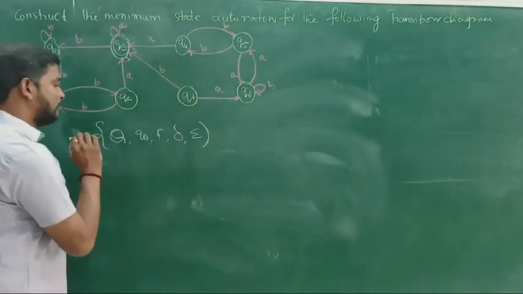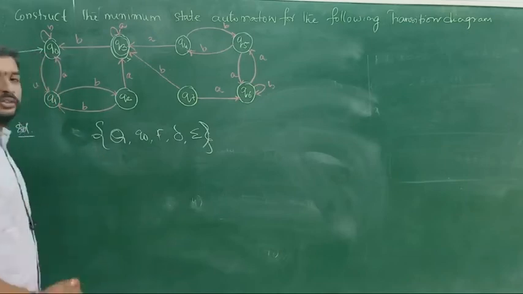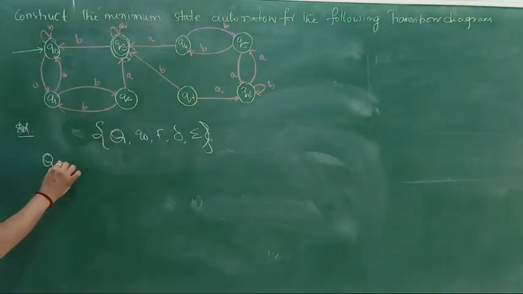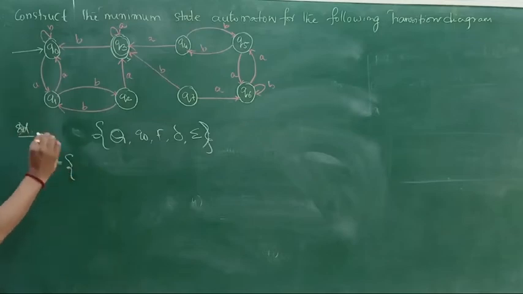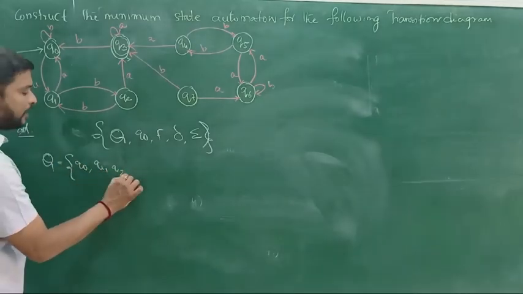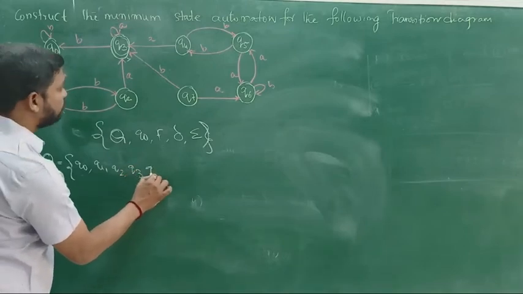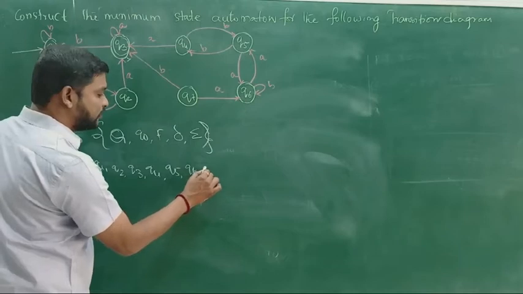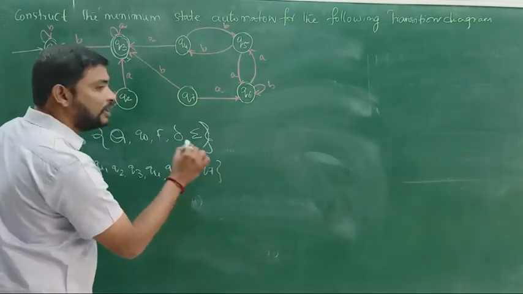These are all the 5 tuples. Now we can identify from the above transition diagram the capital Q. The capital Q, the set of states, is Q0, Q1, Q2, Q3, Q4, Q5, Q6 and Q7. These are all the states.